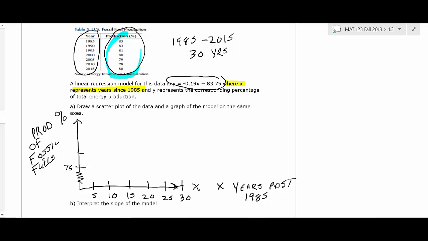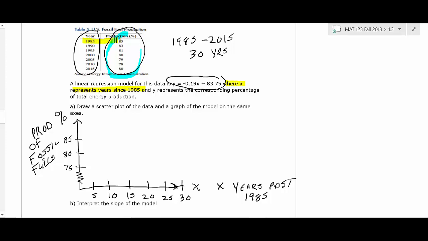So we can go 75, 80, and 85. You want to spread it out so you can see the scatter in the data. That's a good way to get everything set up. You can use that squiggly line so that you don't have to go all the way to 80 or 90.